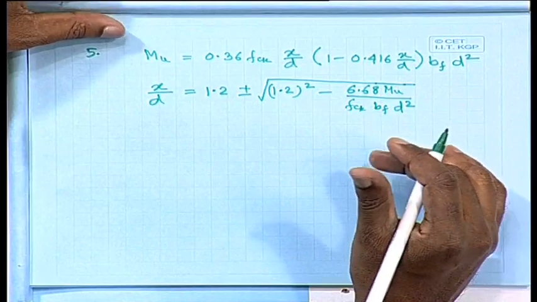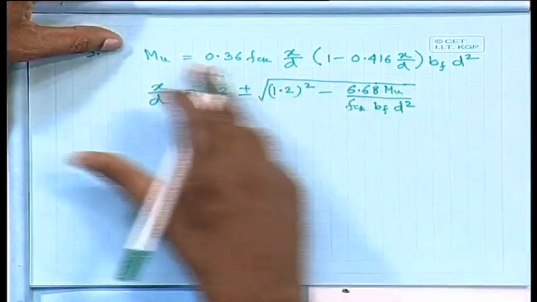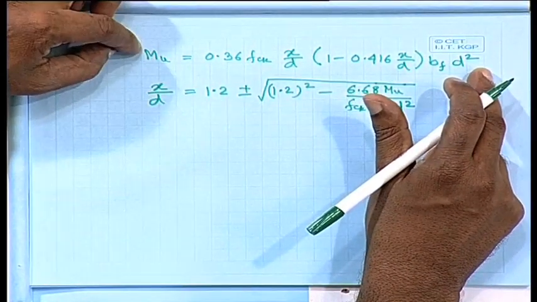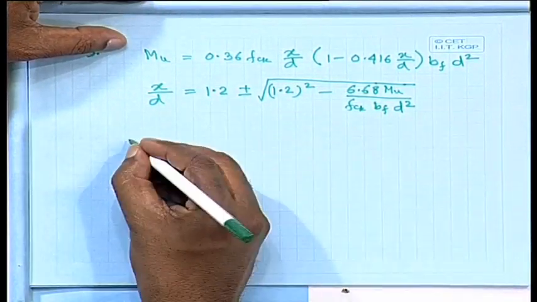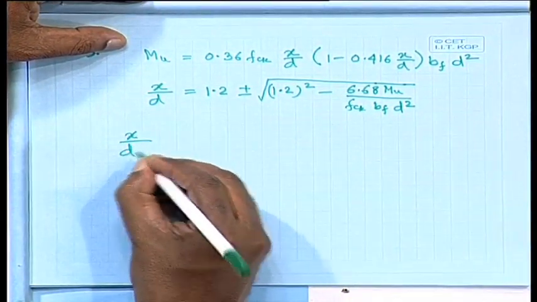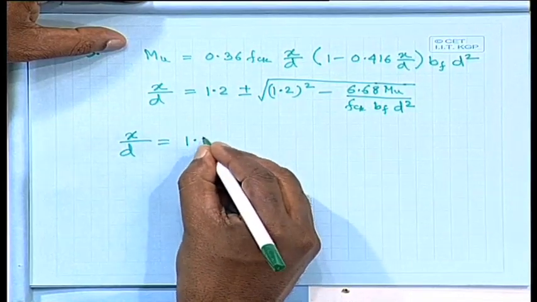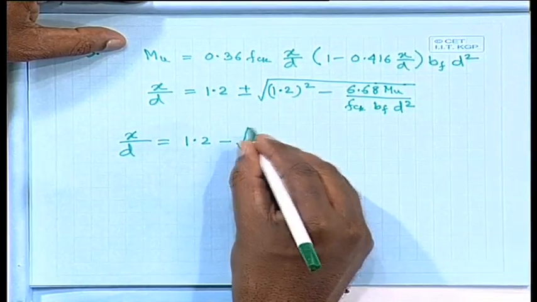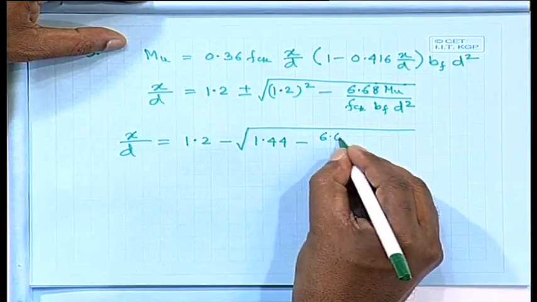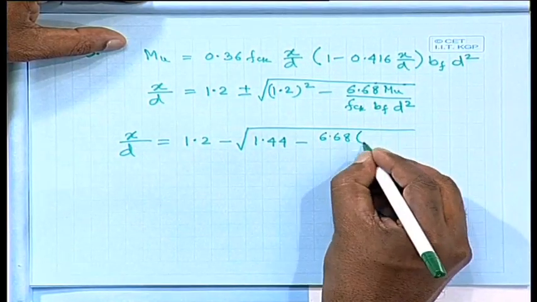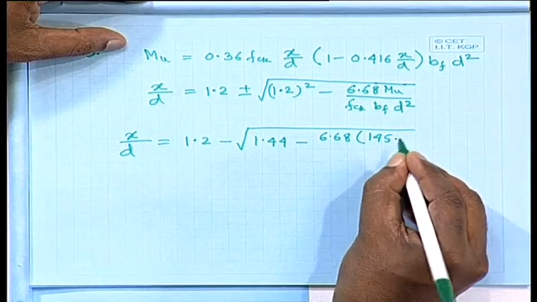There are so many other ways one can remember directly, instead of coming from the first principle always using this formula. You can remember this formula also if you like. So, we can write down x by d equal to 1.2 minus 6.68.